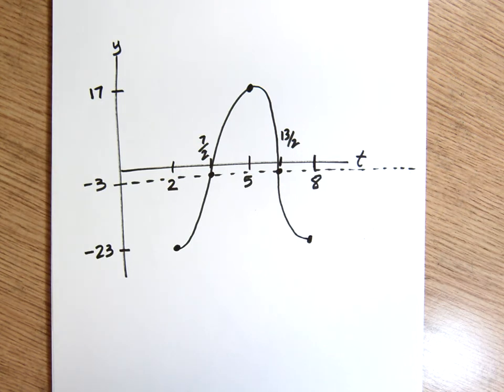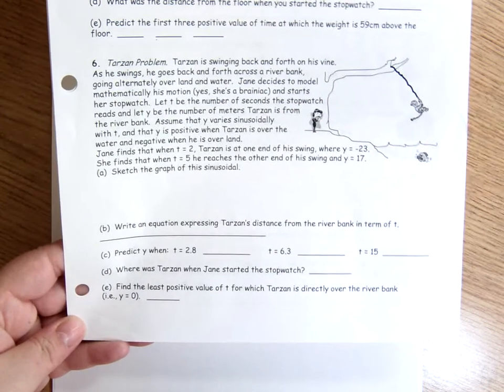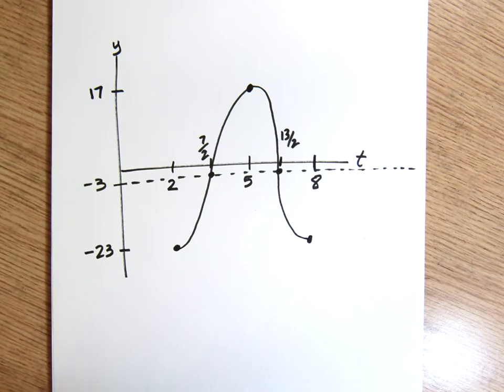Part B says write an equation expressing Tarzan's distance from the river bank in terms of t. So basically, write an equation of what you just graphed. So let's look at what we need to figure out.